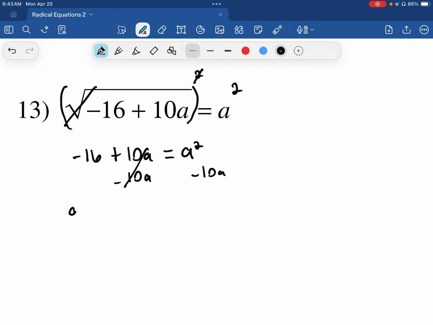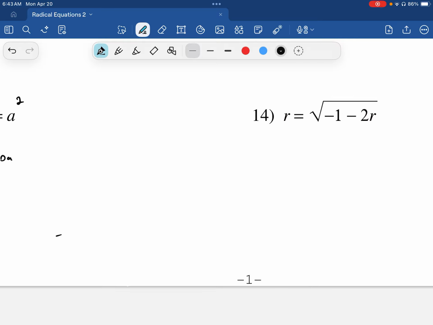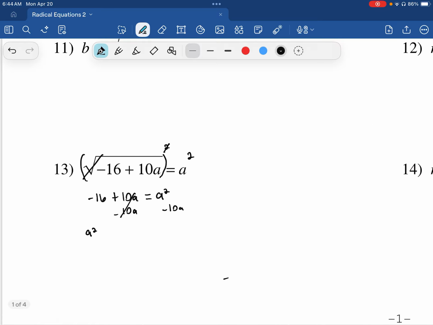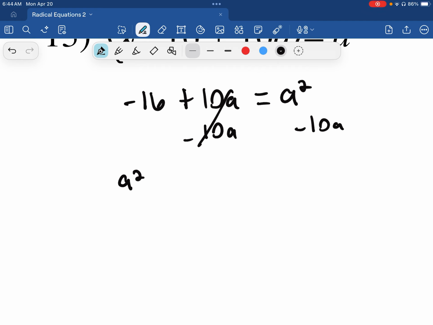I'll leave my negative 16 over here. Negative 16 equals a squared minus 10a. Now we can add 16 to both sides.